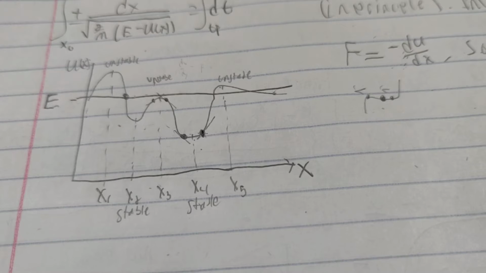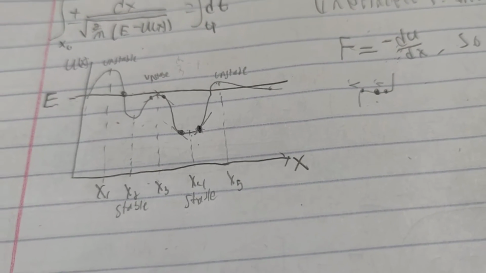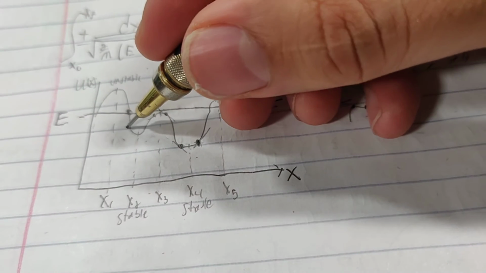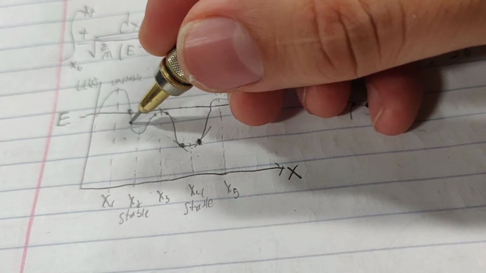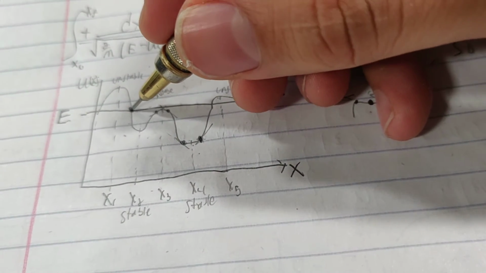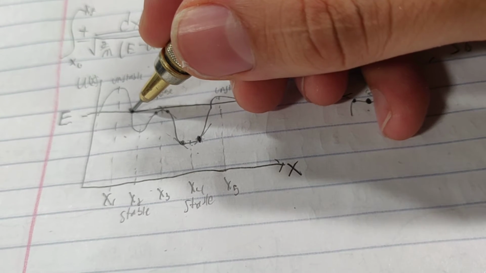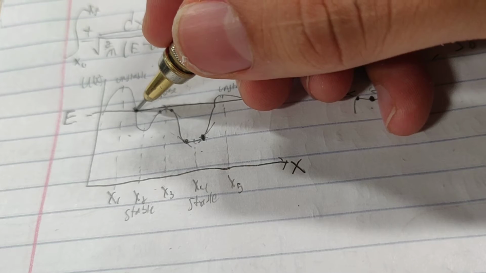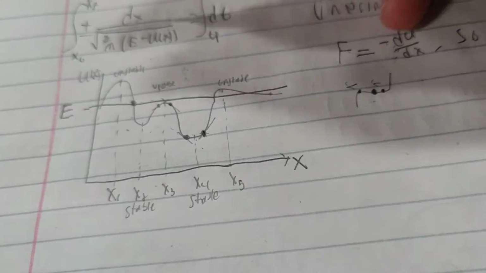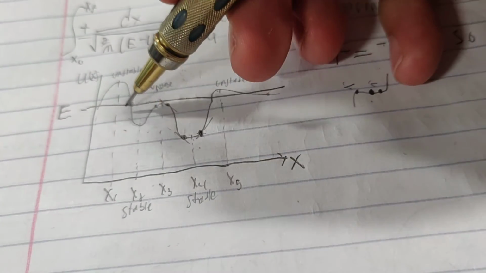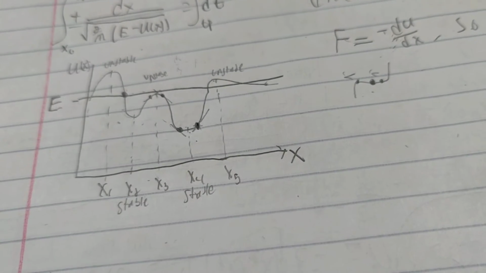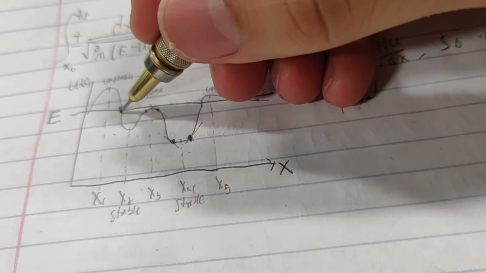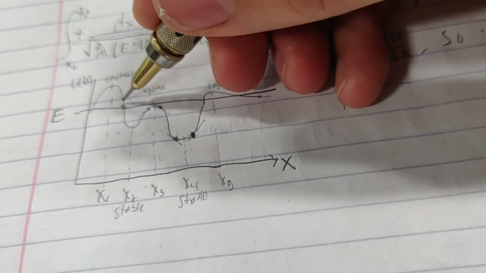If I were to place the object here, and I knew that this was the value of my total energy, then I would know that the object actually has some initial velocity. What I don't know is, if I have the object here and my total energy is up here, whether the velocity is to the left or to the right, because it's plus or minus. It could be either. So if I just tell you the object starts here and my total energy is here, what I haven't told you yet is whether it's moving to the left or right.